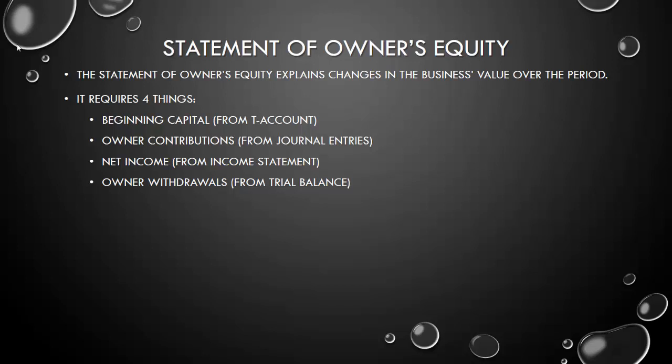Just a quick note, you could also find these from your capital T account if you made the journal entries correctly, because they're going to be additions to capital each time your owner makes a contribution of their own personal funds. Next, we're going to need net income, and this is why we had to make the income statement first, because the income statement found us our net income, and now we need to transfer that net income from the income statement to the statement of owner's equity. And then lastly, we need the owner's withdrawals, which we can take right from the trial balance.